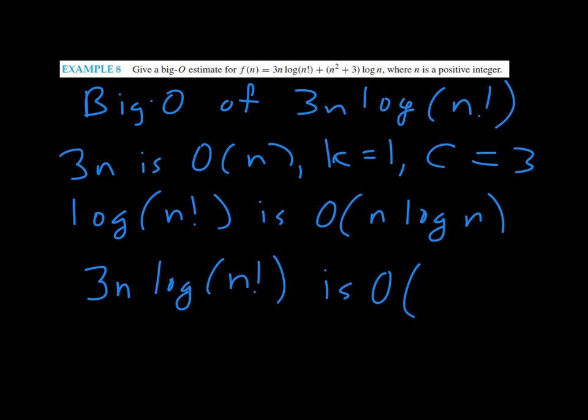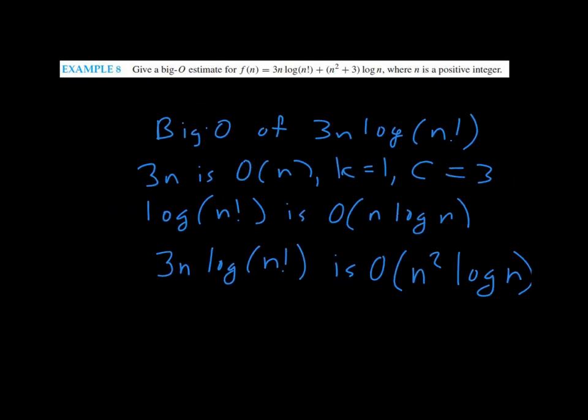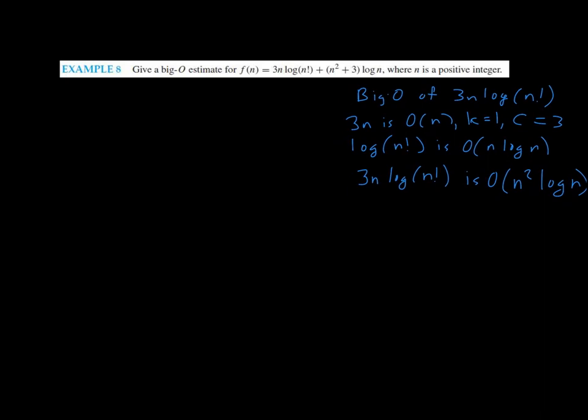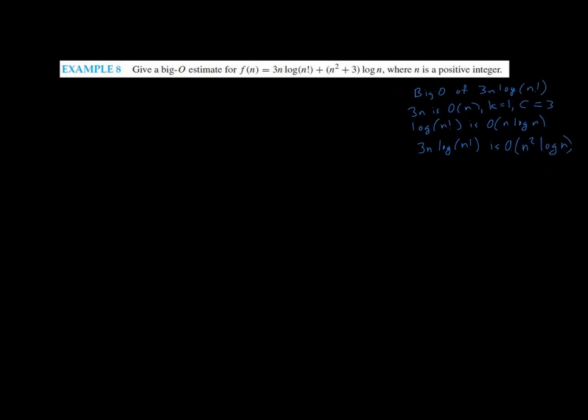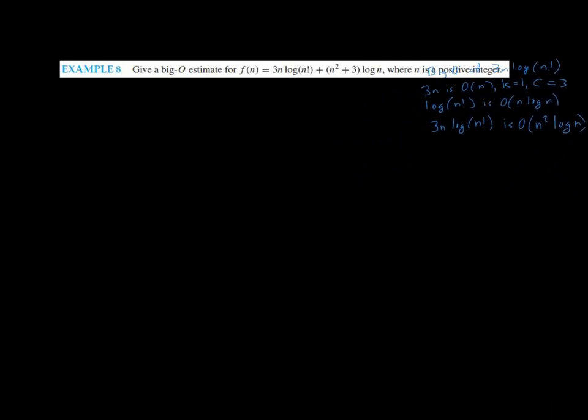So if you put it together, 3n log of n factorial is big O of n squared log of n. That takes care of this first part of the entire function that we're trying to give a big O estimate of. Let's move this up here to the side. We'll need that very last line a little bit later.